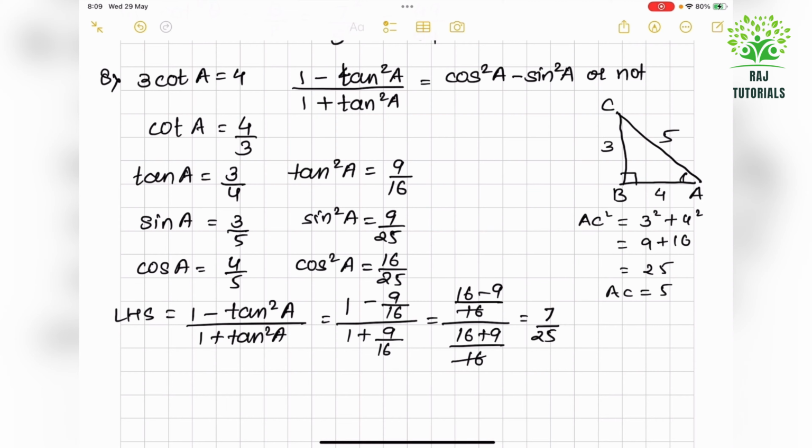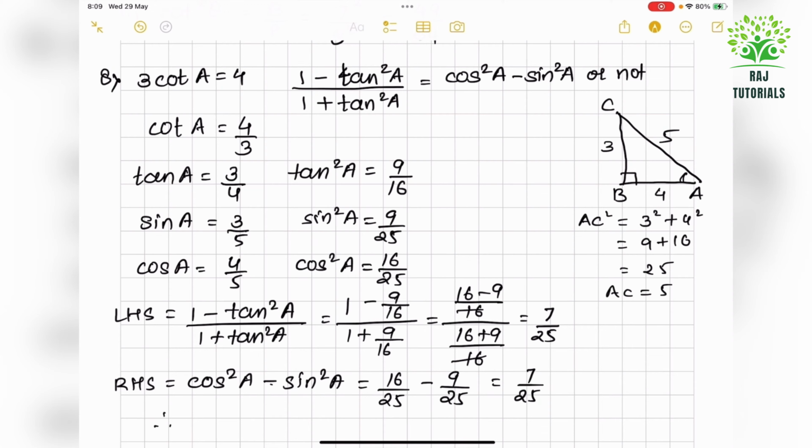So I got LHS 7 upon 25. Now solving RHS, cos square A minus sin square A. So 16 upon 25 minus 9 upon 25. So that will be 7 by 25. Therefore I can say 1 minus tan square A upon 1 plus tan square A equal to cos square A minus sin square A.